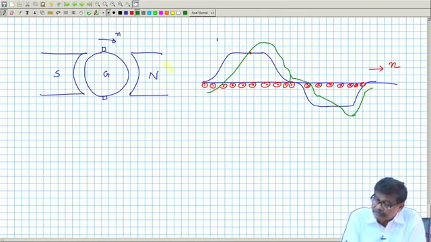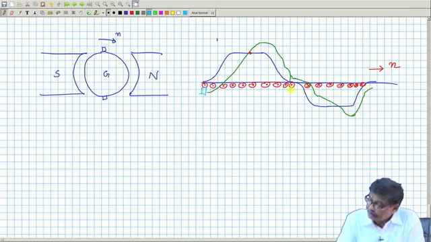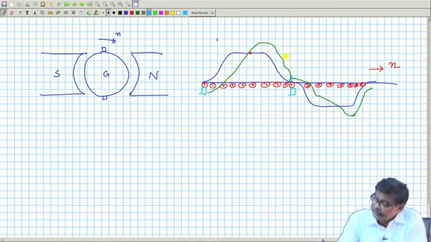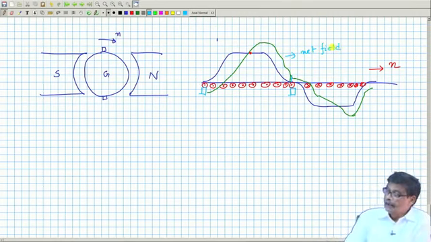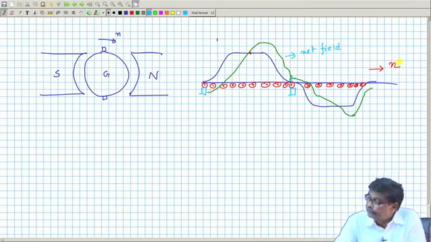And here are the brushes. This is one brush and there is another brush. This is the net field, and this is generator mode.